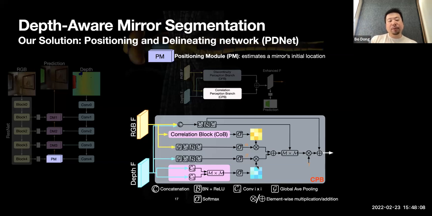In that case, the RGB domain provides stronger informative cues that can be leveraged for mirror segmentation. In some cases, the inside and outside of the mirror do not have overlap, and in that case depth information plays a more important role. So these things dynamically change based on the scene setup.